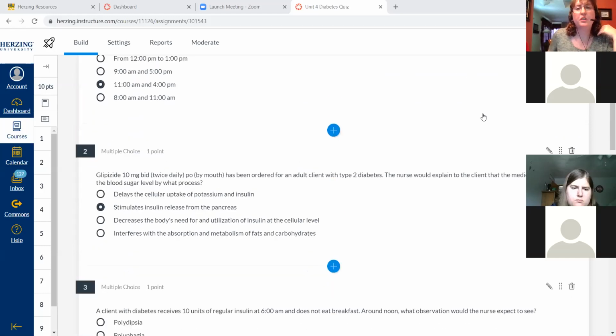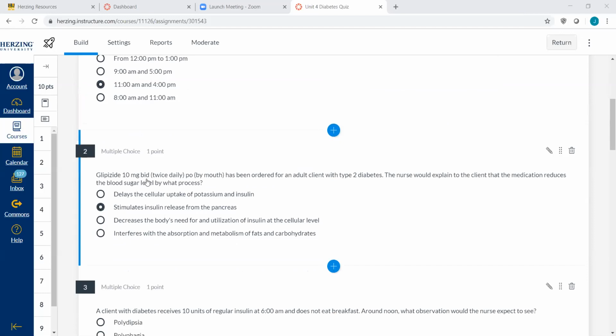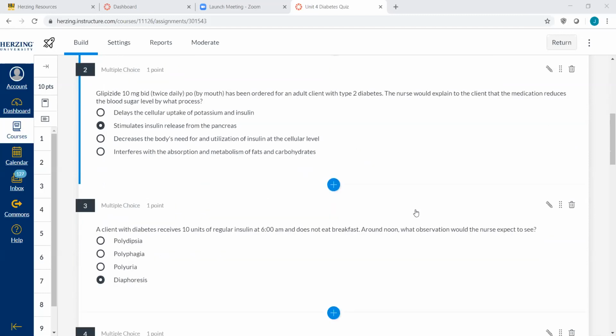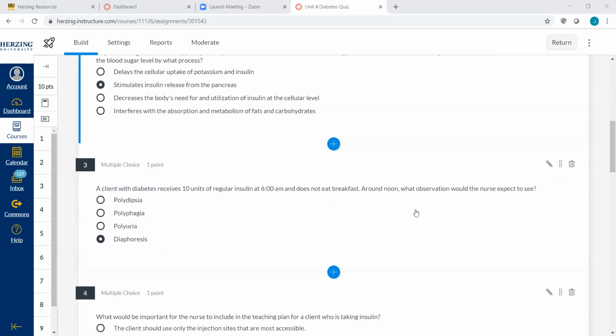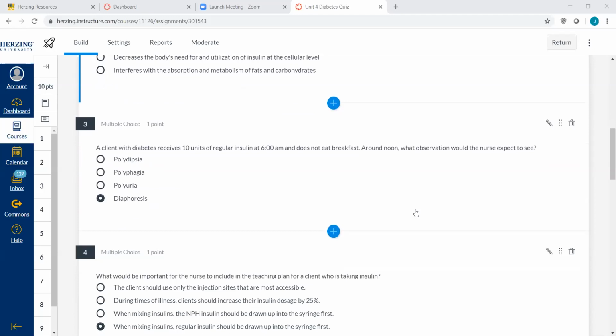All right, so for glipizide, 10 milligrams BID. It's been ordered for an adult client with type 2 diabetes. The nurse would explain to the client that the medication reduces the blood sugar levels. How? It stimulates insulin release from the pancreas. That's how it works. A client with diabetes receives 10 units of regular insulin at 6 and does not eat breakfast.